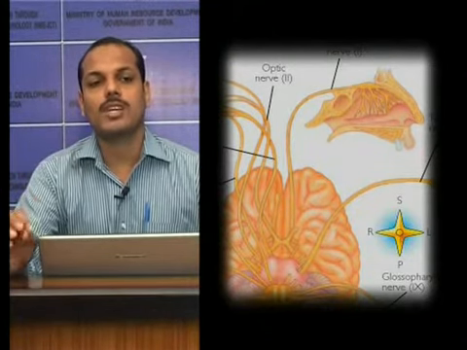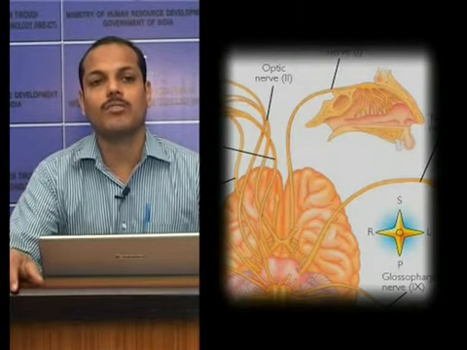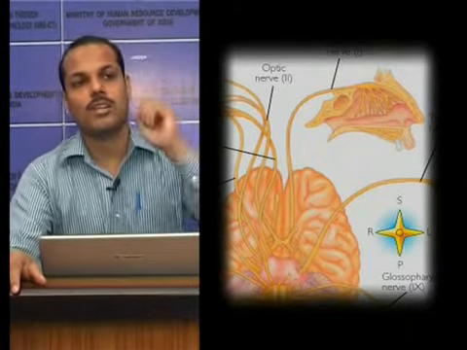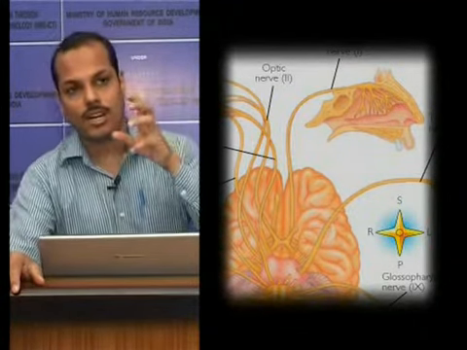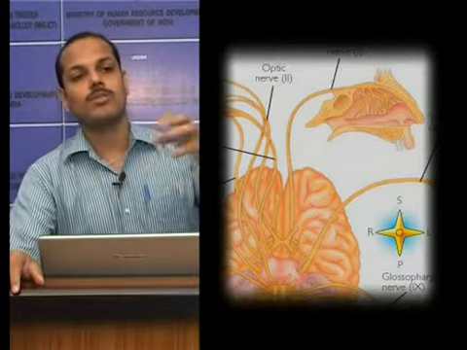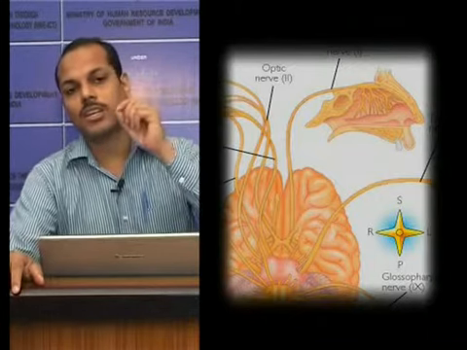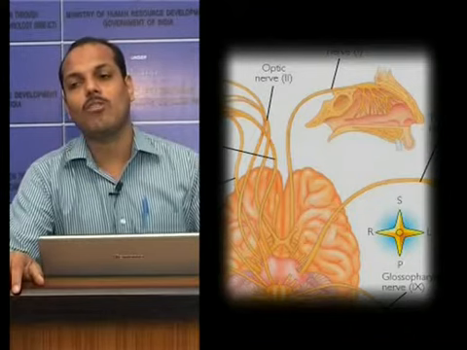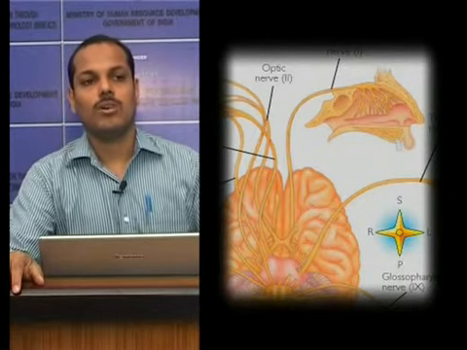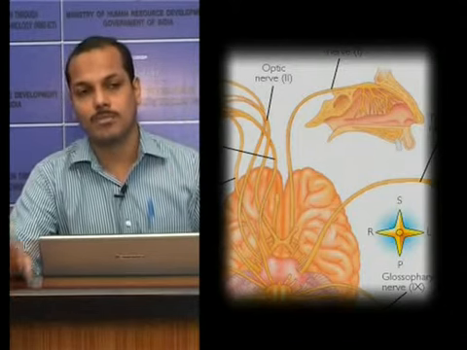The central processes enter the cranial cavity through the cribriform plate of the ethmoid bone, and terminate by synapsing with the neurons in the olfactory bulb.